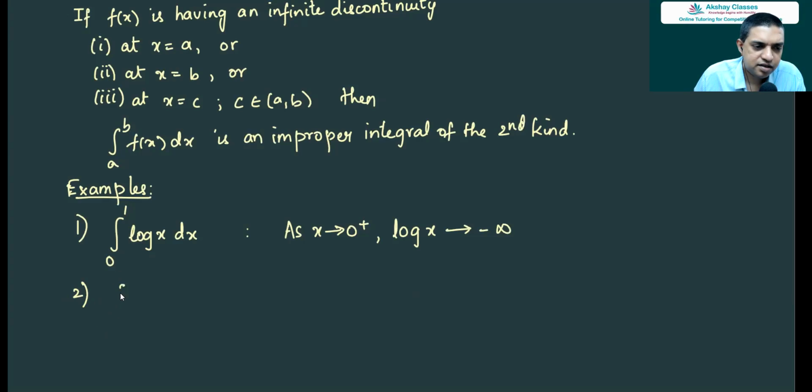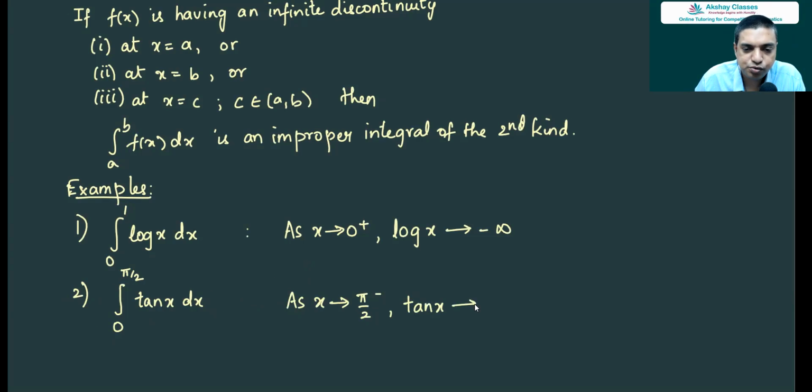Next, another improper integral, integral 0 to pi by 2 tan x dx. Why is this improper? Again, at pi by 2, tan x is not defined. As x tends to pi by 2 minus, tan x tends to plus infinity.